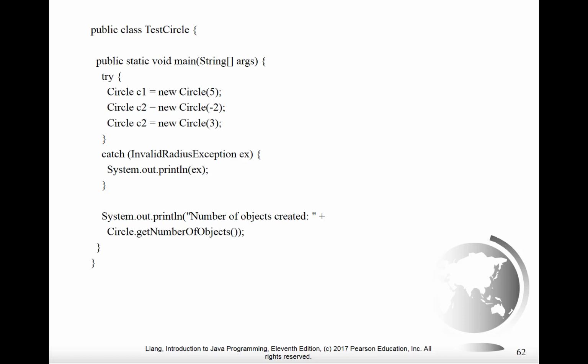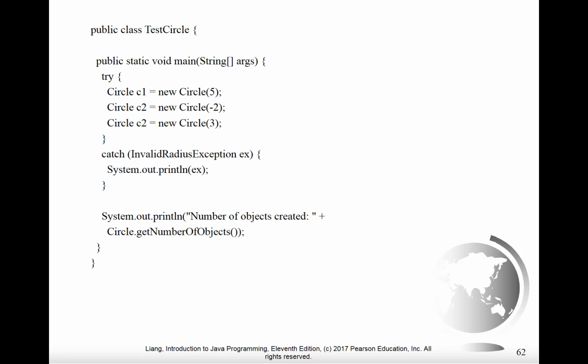When that happens, we're going to abort the rest of the try block and go down to the catch block, where we will indeed be able to catch the invalid radius exception that has in fact been thrown at that point in time. We're then going to do a system out print line of the exception object, and that will show what was wrong with the radius to cause the exception. It will tell us the value of the radius.